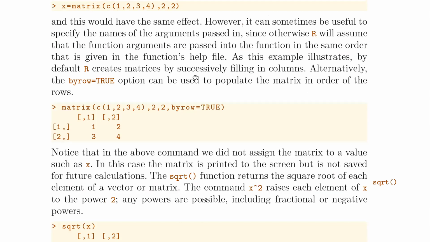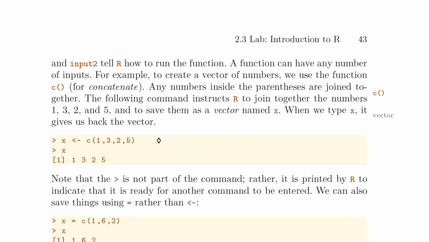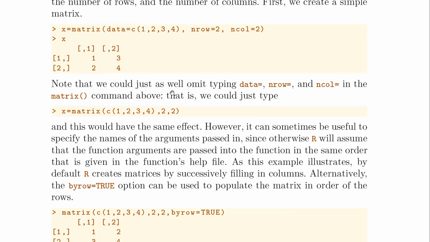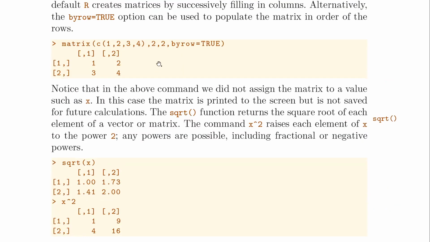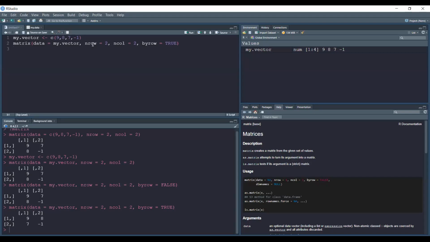Let's see what the book has to say about it. However, it can sometimes be useful to specify the names. I would say always useful to specify the names of the arguments passed in, since otherwise R will assume that the function arguments are passed into the function in the same order that is given in the function's help file. So the great thing, if we just find where we were reading, is that if you're specifying the names, you don't need to follow a specific order.